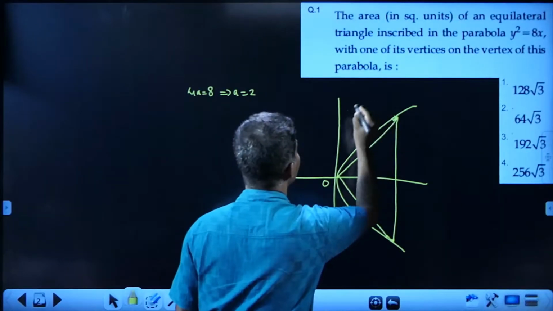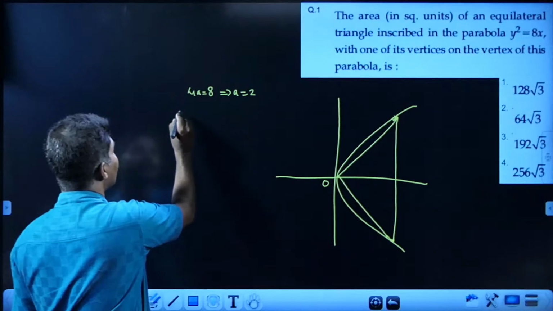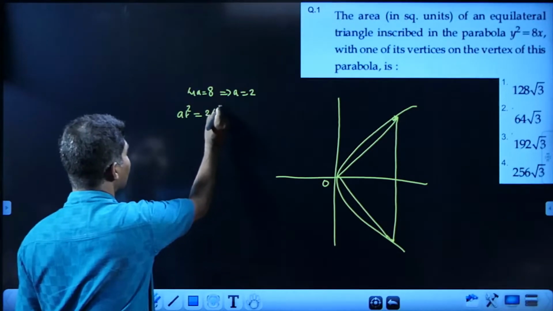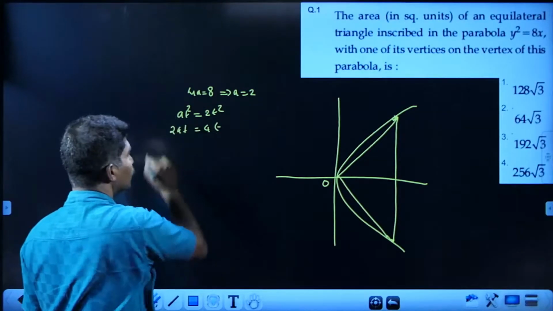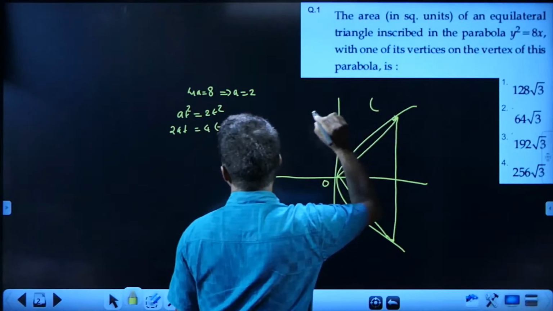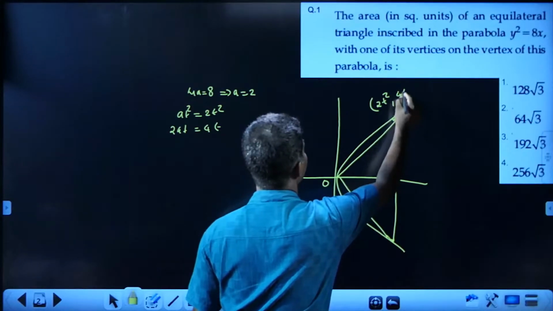And the points we will use in parametric form. The parametric form is a t square, 2at, that is 2t square, 4t. So the parametric form, this point we will take as 2t square and 4t.